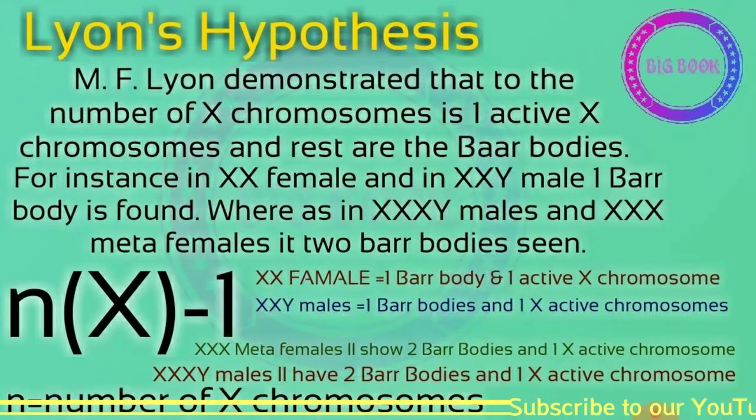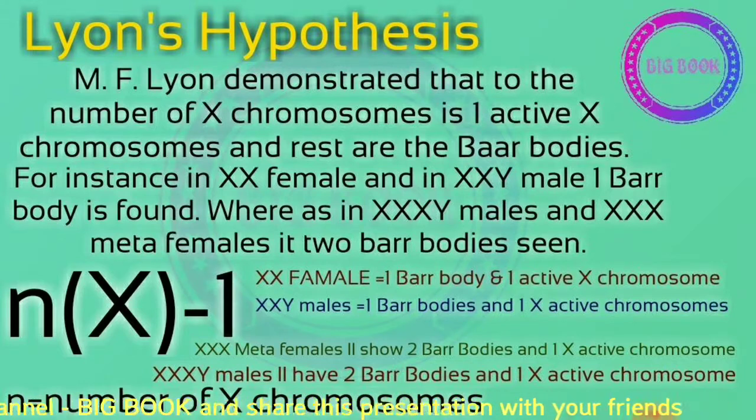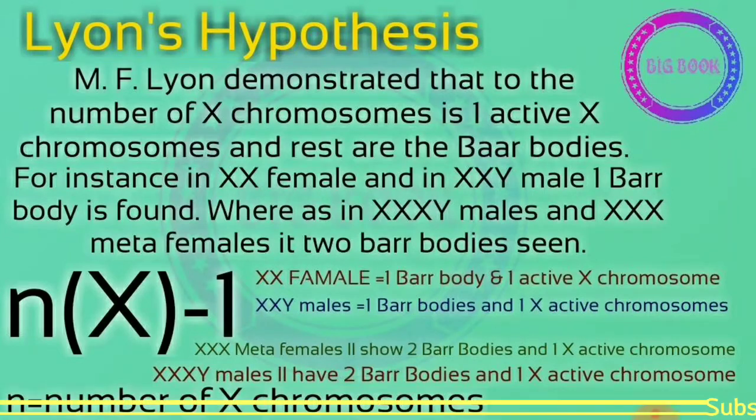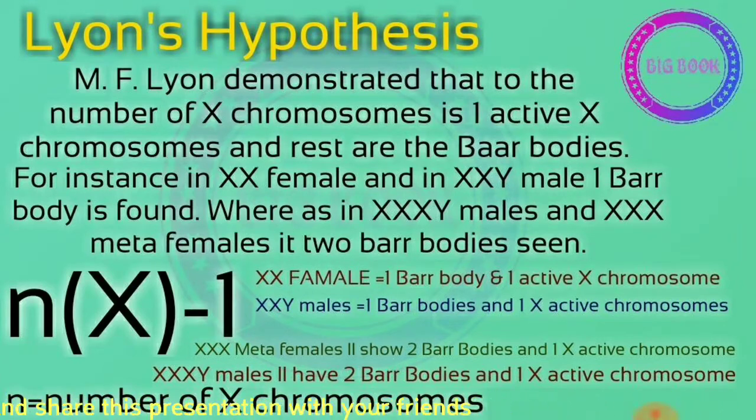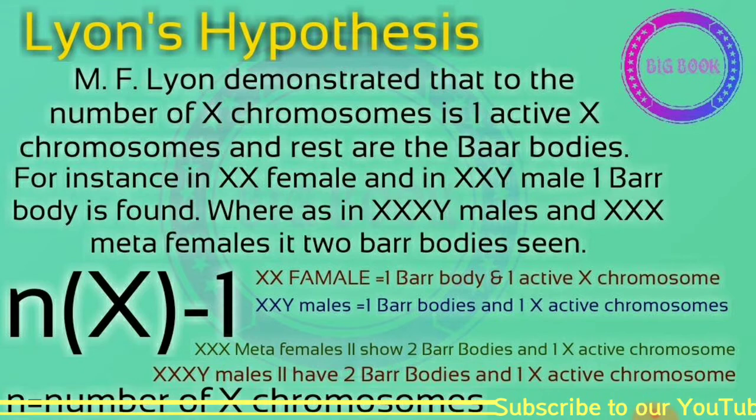If you consider the XXY male sex, in this also dosage compensation is going to happen, that is, out of the 2 X chromosomes, one X chromosome is going to remain active and the other X chromosome is going to become inactive.